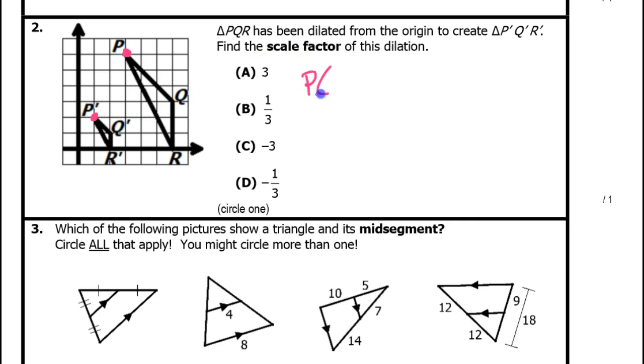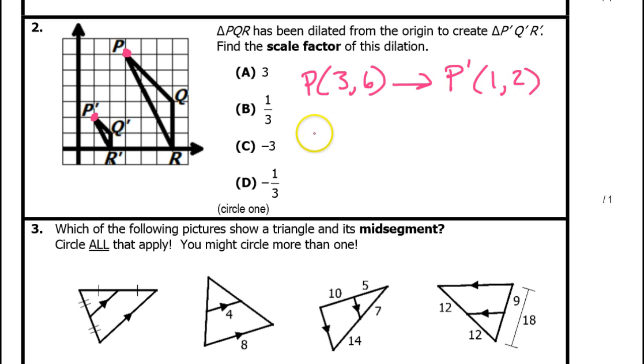So point P is the point 3, 6. All right, and then that became P prime, which is the point 1, 2.